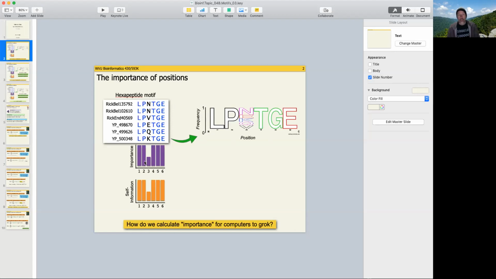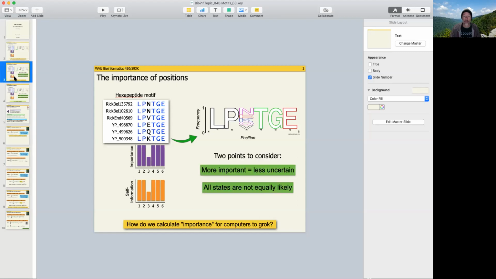And we talked a little bit about how these positions in blue are intuitively more important in describing this motif because they do not change, whereas position 3 possibly has lower importance in defining the motif because more change is allowed at that position. We left with the question, how do we calculate this importance when we think about computing on this value?